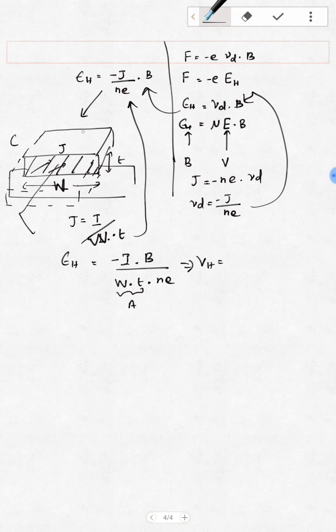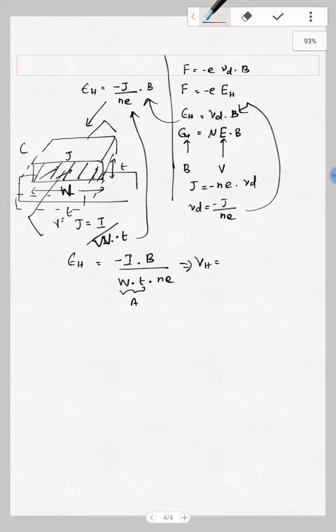This is basically the applied voltage that gives the electric field. This across the conductor in the other direction is nothing but the Hall voltage. That is due to the distance. Here the distance, we have to keep it in mind. We always know that electric field is nothing but voltage divided by distance across the two points.